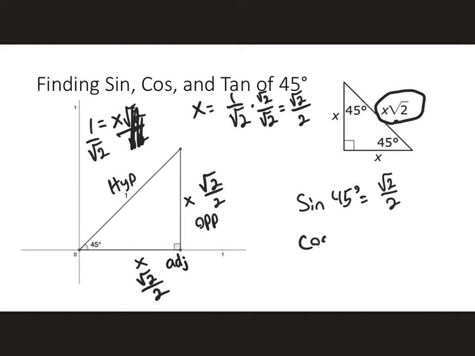And our cosine will be the same because our adjacent has the same measurement. Now the tangent will be the opposite divided by the adjacent. Well, the square root of 2 over 2 over the square root of 2 over 2, it's the same thing over itself. That's just going to be 1. Not bad. Let's clean it up.